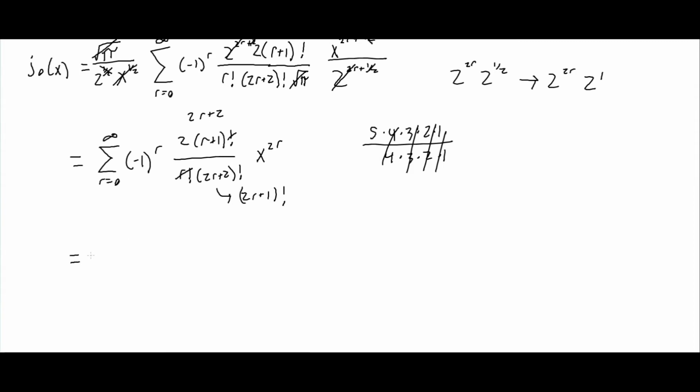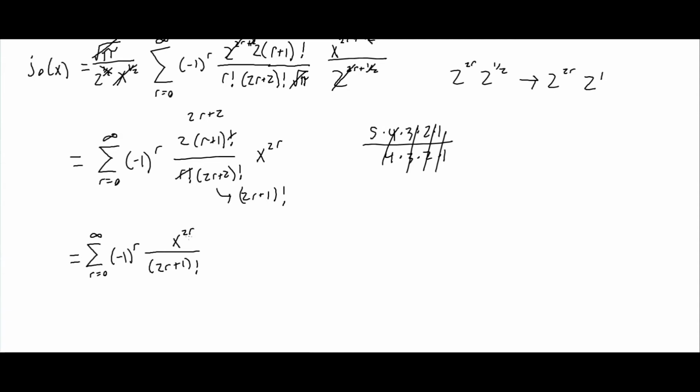And so after all that canceling out, what we end up with is the summation from r equals 0 to infinity of minus 1 to the r, and then we can write this as 2r plus 1 factorial and x to the 2r.